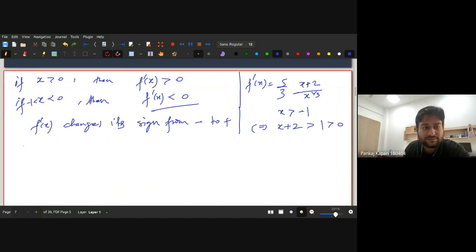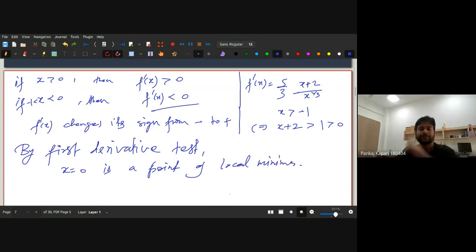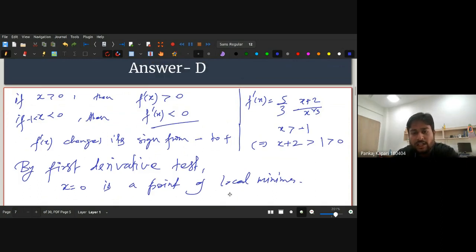So again, by the first derivative test, the critical point x equal to 0 is a point of local minima. And there are no other critical points.